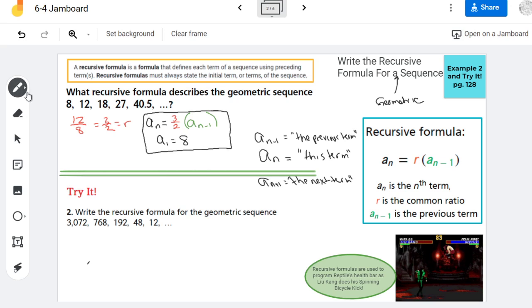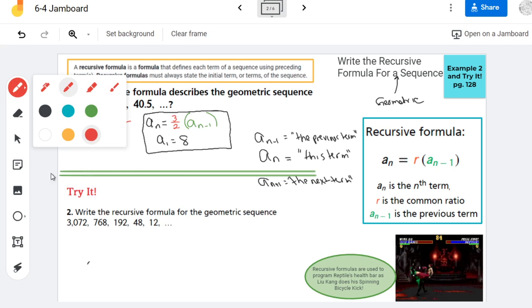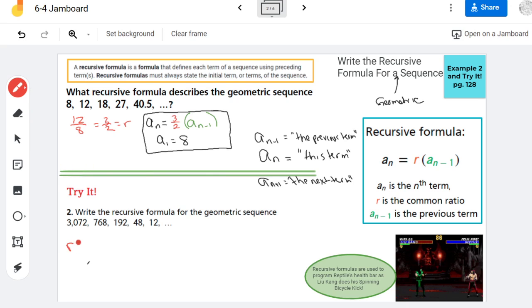Let's try it again. Alrighty, so I'm going to start by figuring out that r value, or that common ratio, is what it's called. To figure out my common ratio, I'm just going to take a number and divide it by the one before it. Now I'm going to be honest, I'm super lazy, so am I going to use the big numbers?